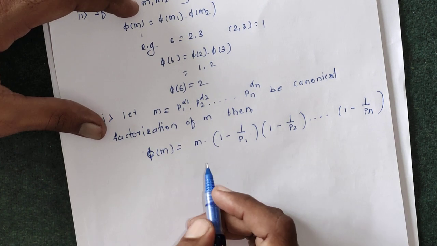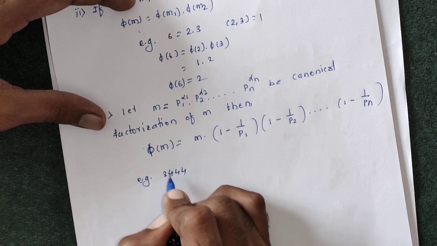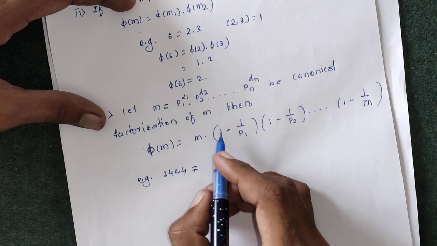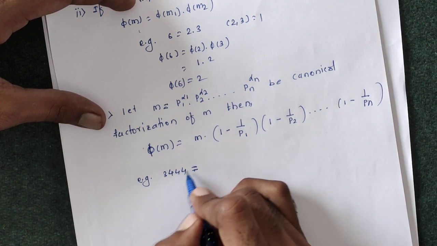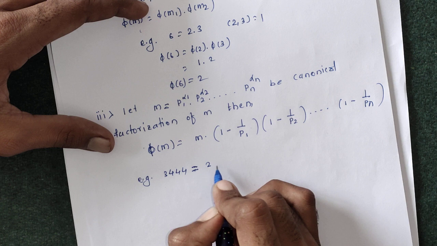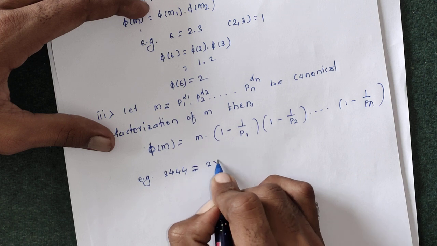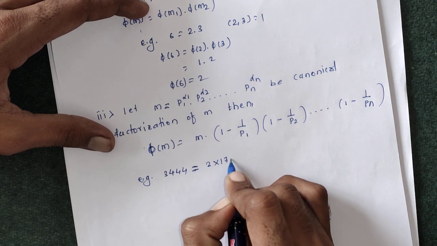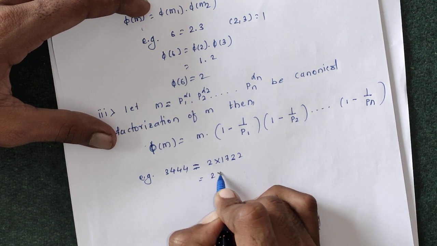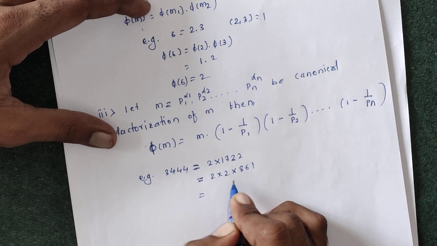number. Suppose for example we take a large number, say 3444. We can express this number in canonical factorization by expressing it as a product of primes. So first of all, we must find the factors of this number.